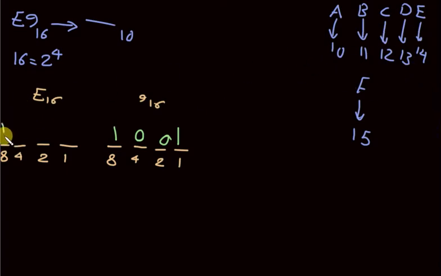So I can put a 1 here, now I have 8. I can put a 1 here, now I have 12. I can put a 1 here, now I have 14, so I will put a 0 here. So this is the number in binary. The number in binary is 11101001. This is the binary number of E9 in 16.